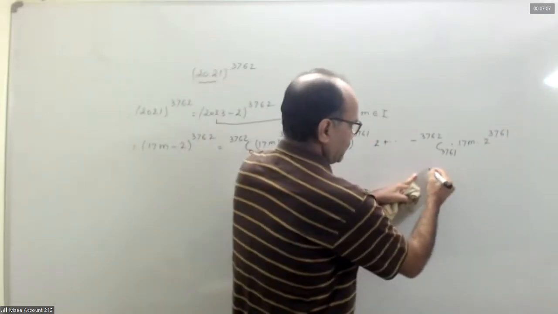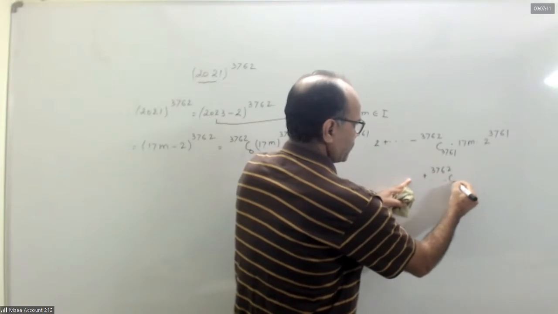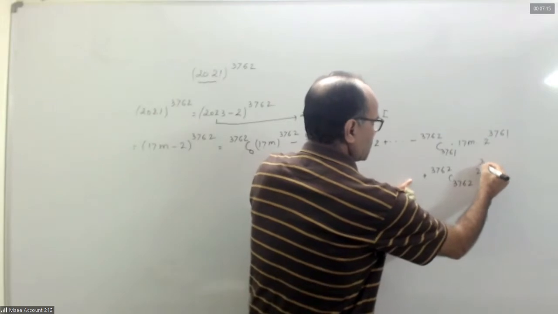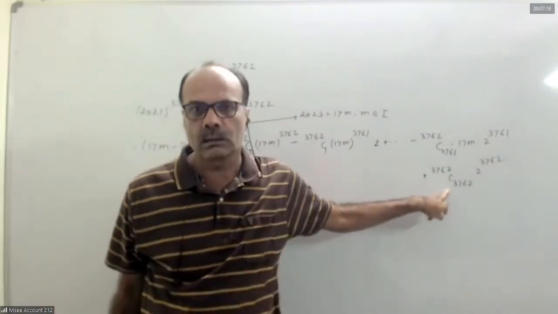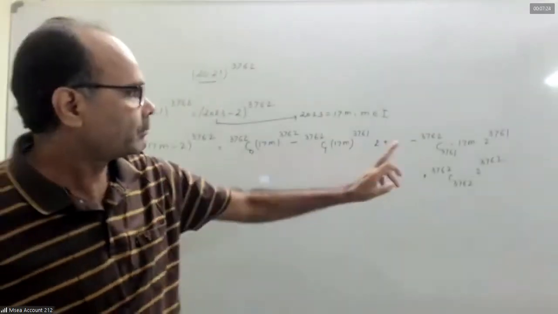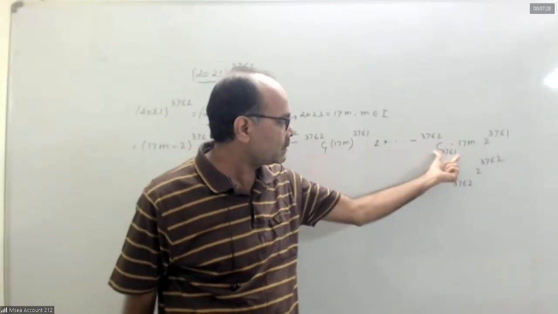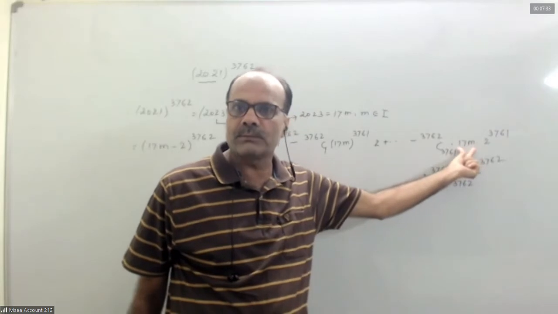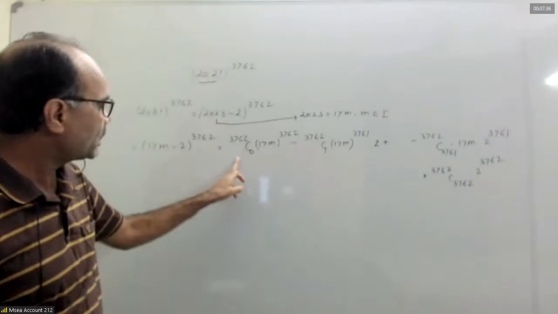The last term will be 2 to the power 3762. This is 1. So except the last term, other terms are divisible by 17. This is an integer, this is an integer, so one factor will be 17.